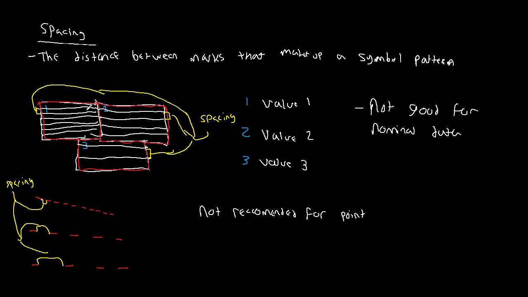If we think back to the idea of names, if we wanted to represent the names by this symbology, we want to make sure that we're not improperly implying that one name is better than another. And the thing with spacing is that the distance between the spaces creates a density. This polygon number 1 here, the lines are more dense than number 3. And the problem with implying density is that density turns around and implies importance or ranking.